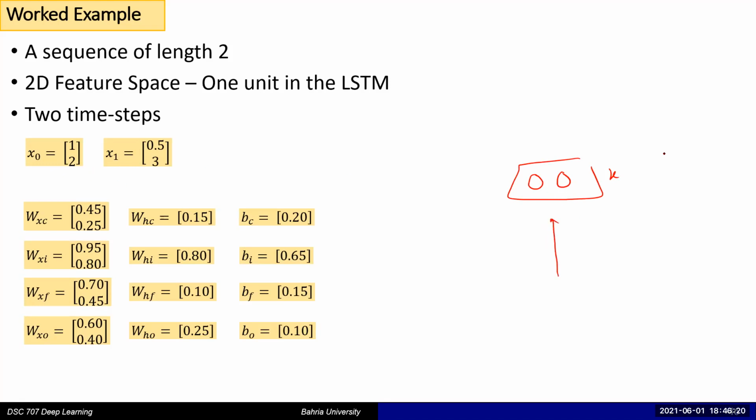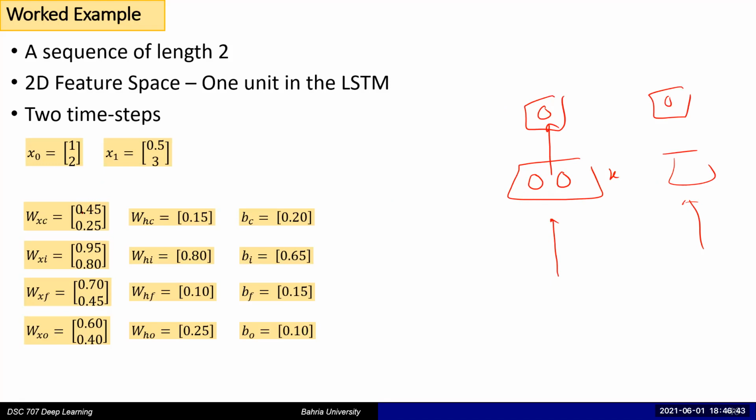I'll feed one and then I'll feed the second one. In the hidden layer, we have one neuron. So you can easily guess the size of the matrix from input to hidden: 1 cross 2 or 2 cross 1, the way you represent it.